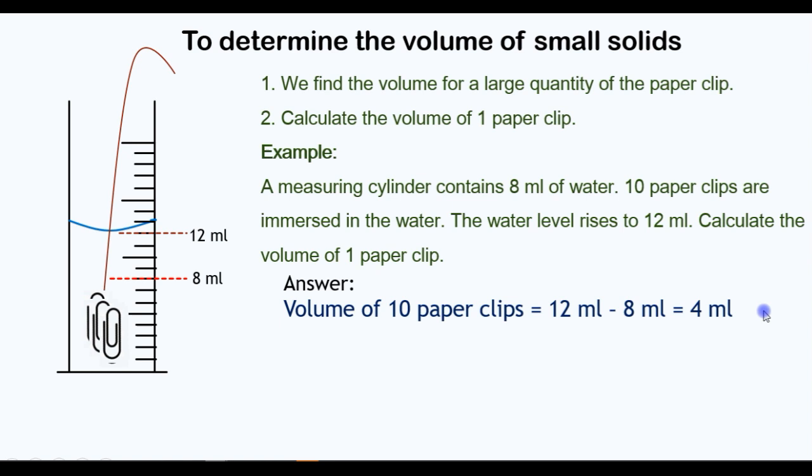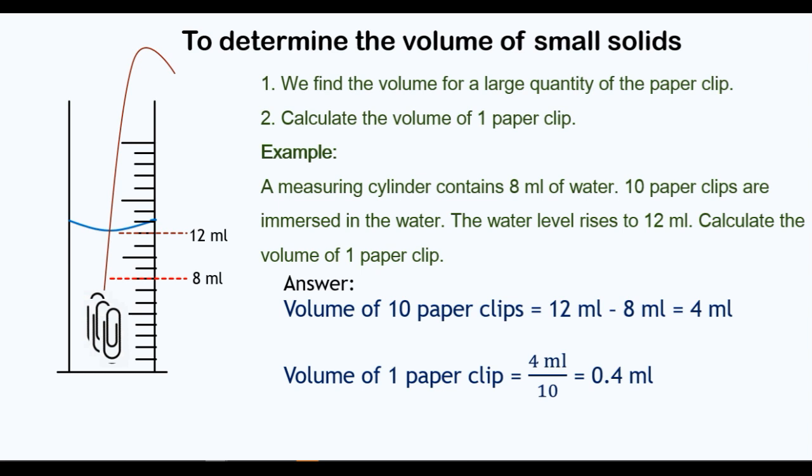So if 10 paperclips have a volume of 4 milliliters, then the volume of one paperclip is 4 milliliters divided by 10, which is 0.4 milliliters. So this is how we find the volume of small irregular solids.